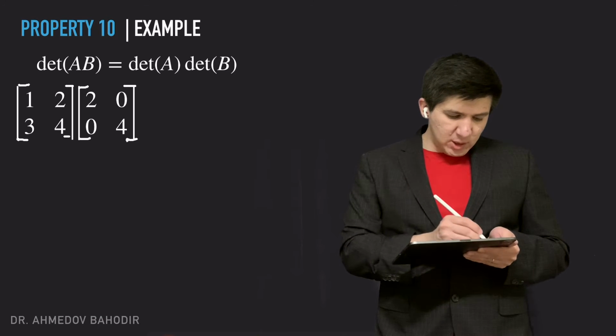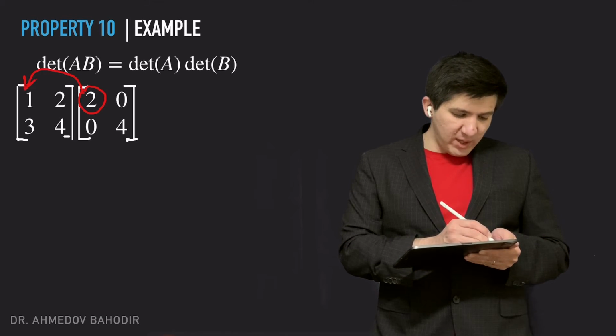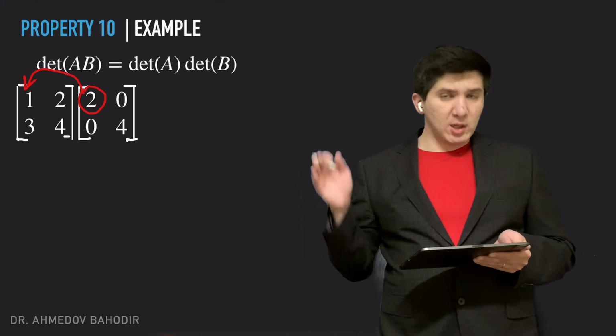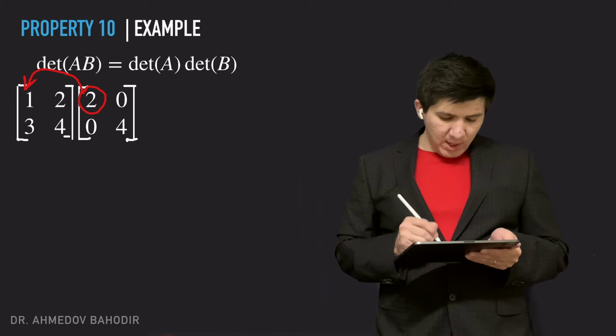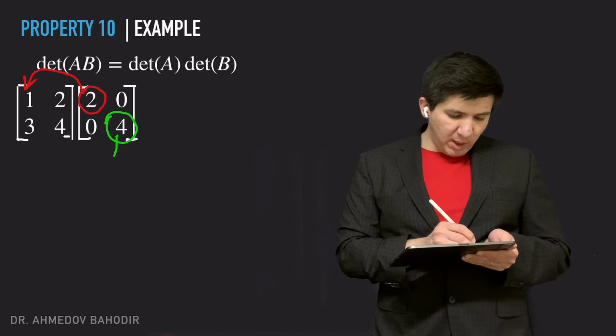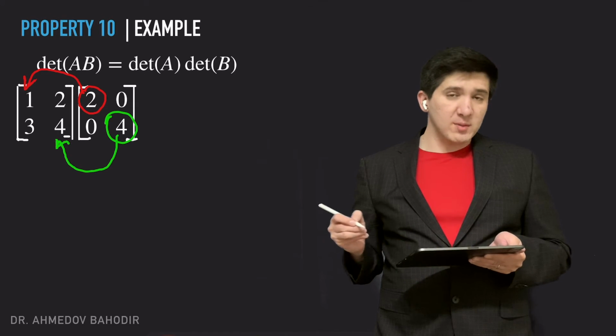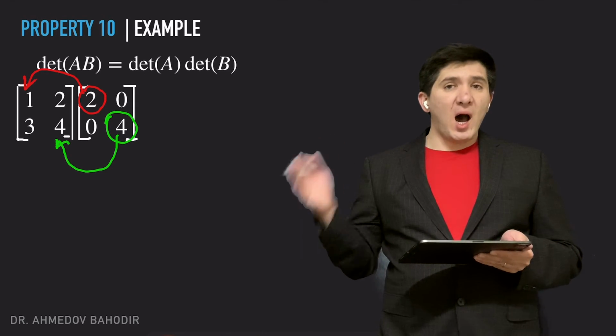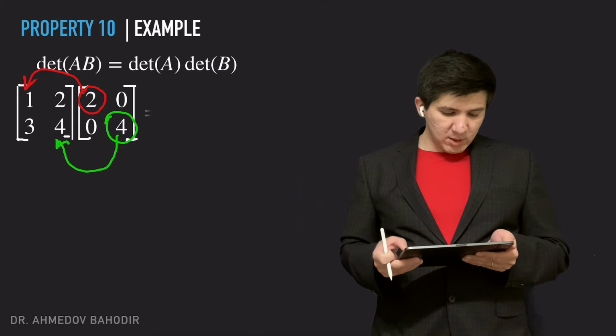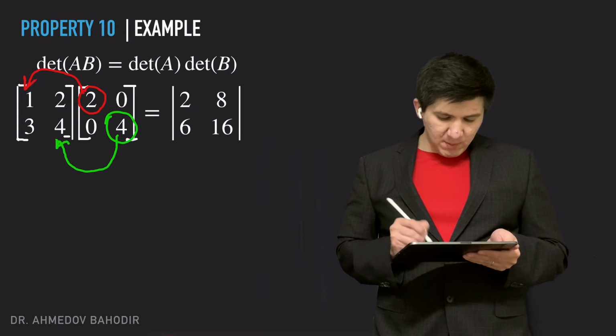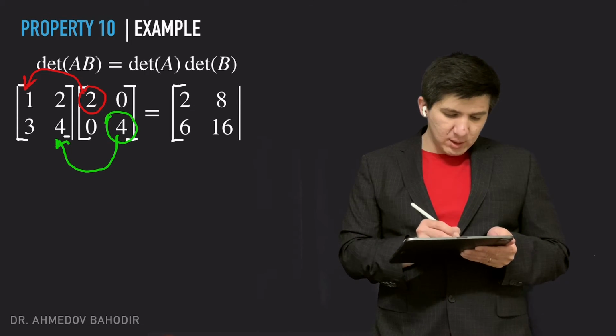So this 2 is going to be multiplied by all of the elements of the first column, so it's going to be 2 and 6 in the first column. And this 4 is going to be multiplied by the second column of this matrix, so it's going to be 8 and 16. This multiplication leads you to this matrix.